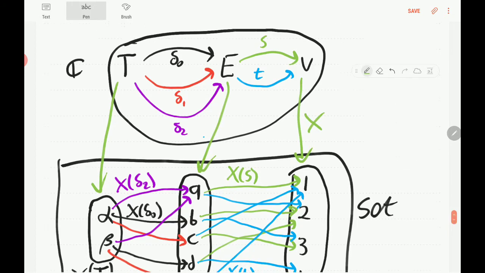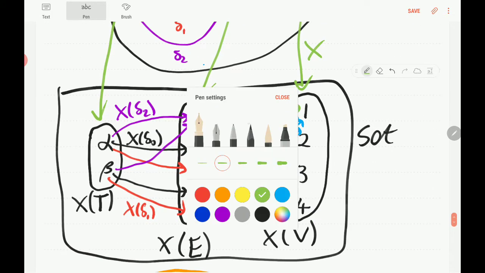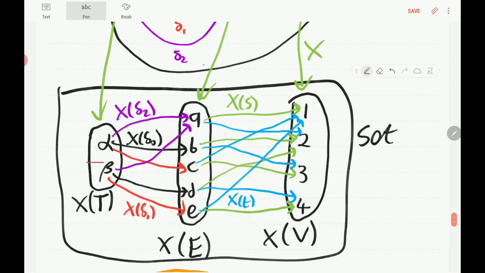Okay, so here's an object X, a functor from C to set. So what will such a thing look like? Well, basically, we're going to have these three sets, X of T, X of E, and X of V. And we can think of these as sets of triangles, directed edges, and vertices.